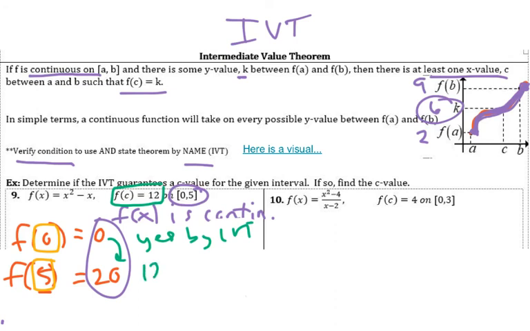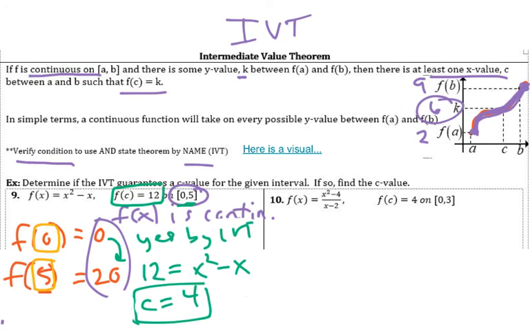So that really just means I need to set 12 here and solve that quadratic, which I know you know how to do. This one nicely factors. I'm going to just tell you, when you solve this, you actually get that x is equal to 4 and negative 3. Negative 3 is irrelevant because it's not on the interval. So the c value, I should say, that gives you 12 is 4.